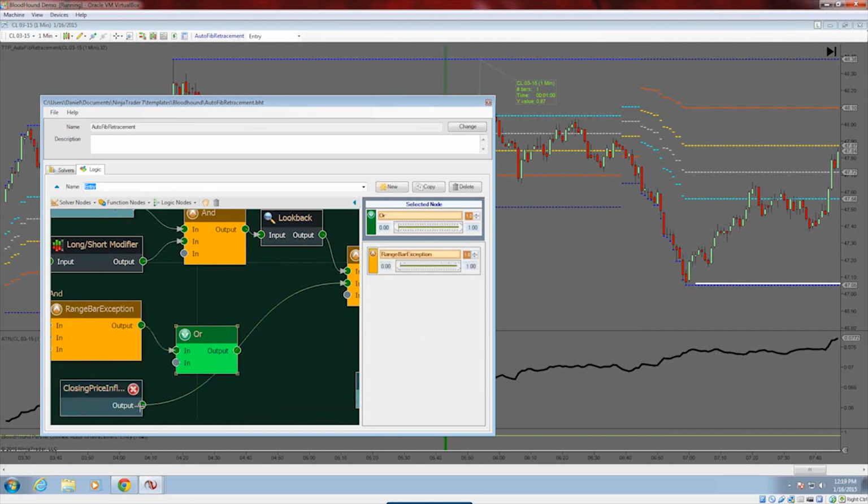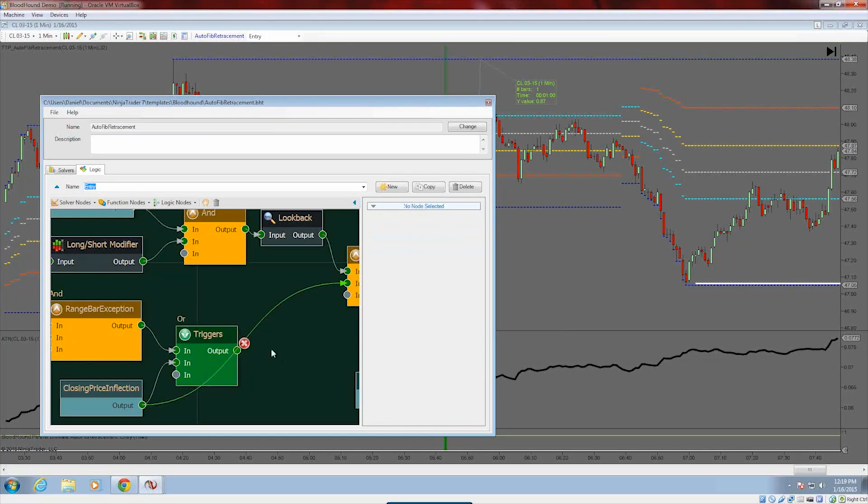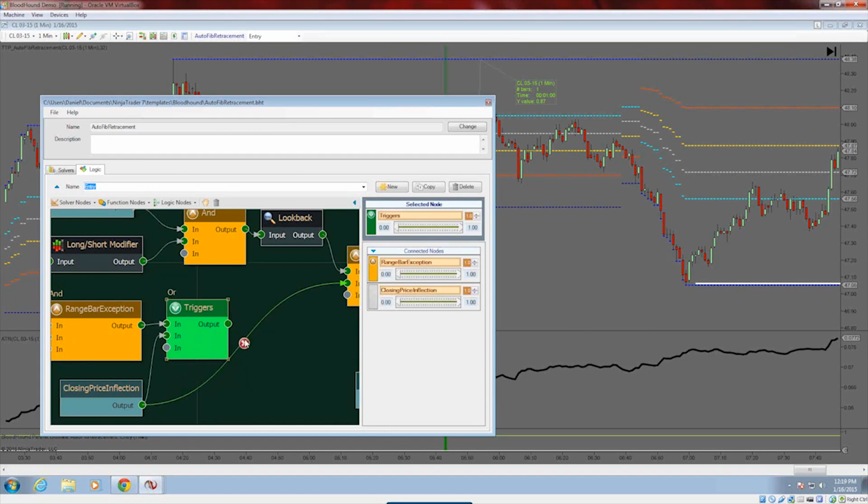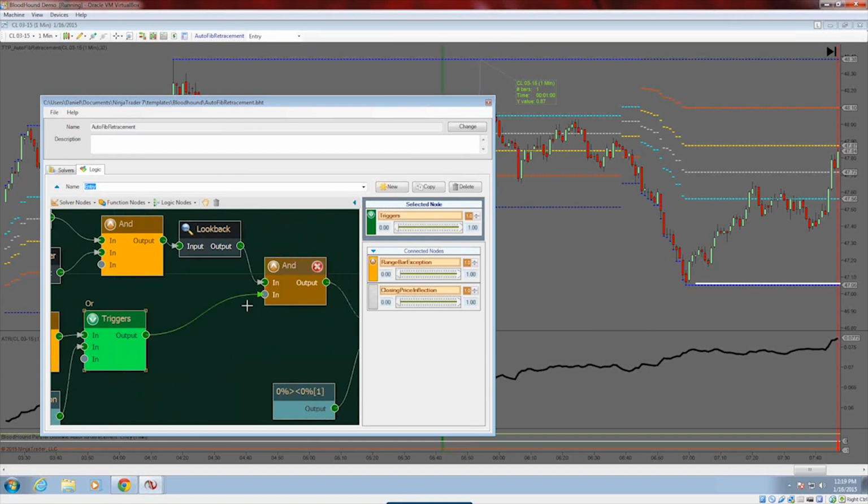So we'll connect these with an OR node, and I'll type triggers for this. And then disconnect the closing price inflection from the AND node, and then connect the OR.